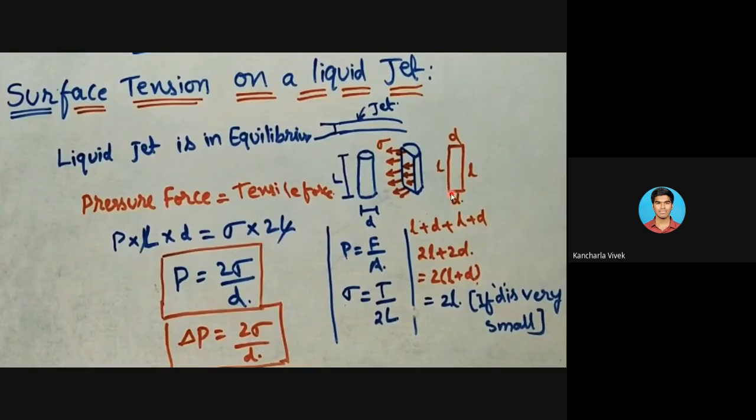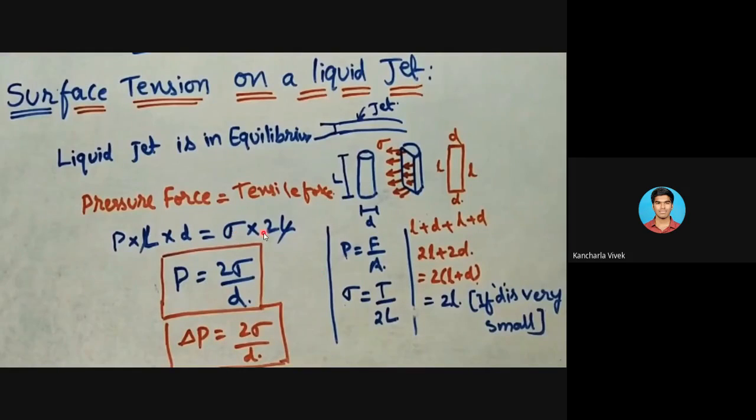So we sum up 2L, that is water exerting the pressure on both sides, the whole perimeter of the liquid jet, that is 2 into L plus D. We neglect the D because the liquid jet's D will be very small, so it might not show any such effect that will cause a major difference in the value.